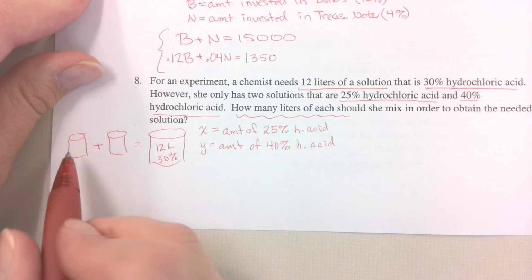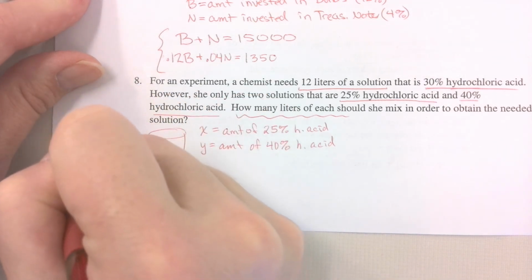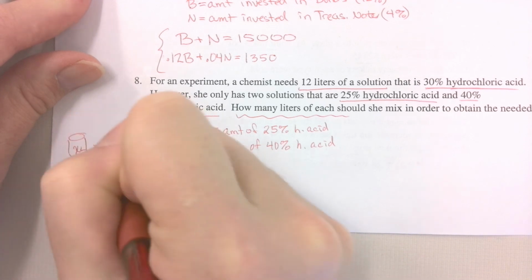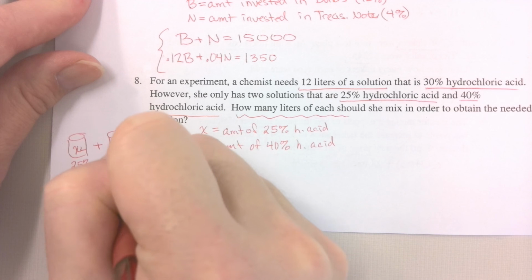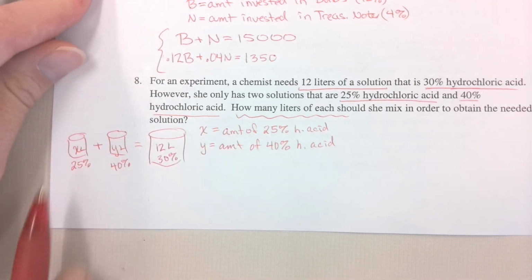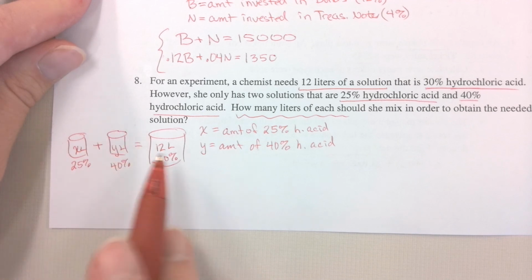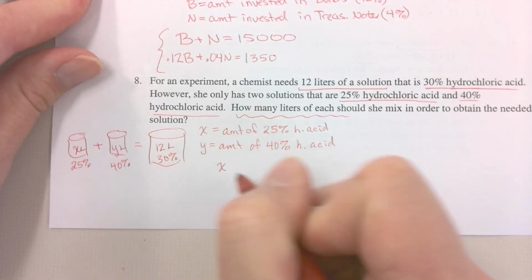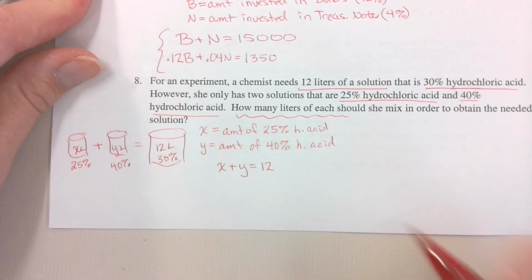In the first one, we have X liters at 25%, and here we have Y liters at 40%. So picture taking the liters from here and dumping them, and if I add up the liters from the first batch and the liters from the second batch, I will get 12 total liters.